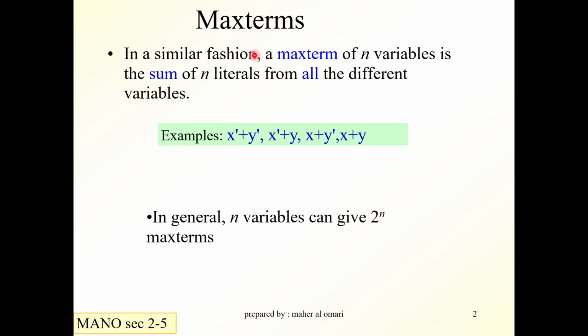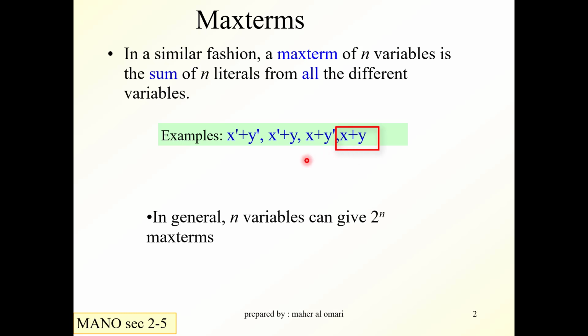A maxterm is a sum term. For example, if we have the same example before, if we have two variables, then we can have x bar or y bar as a sum term, x bar or y as a second sum term, x or y bar, this is a third sum term, and finally x or y.